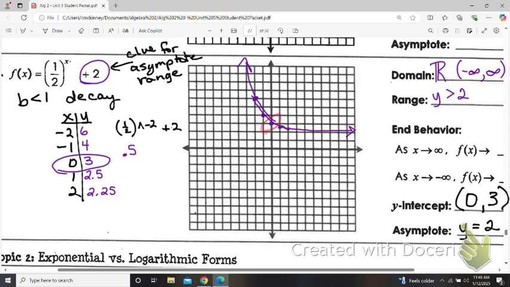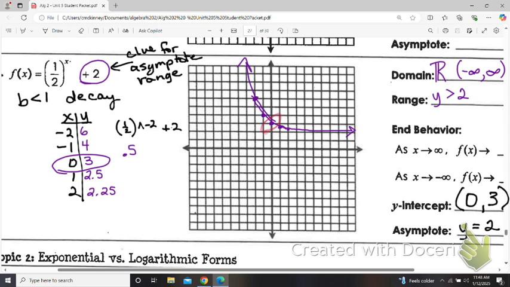The +2, because it shifts the whole graph up. Yes, I've been talking to myself but not recording for a little while, but it's okay. But that shifts the whole graph up. So that gives us a clue about our range and our asymptote. Rather than y being 0 and my range being y is greater than 0, the asymptote is y equals 2 and the range is y is greater than 2.